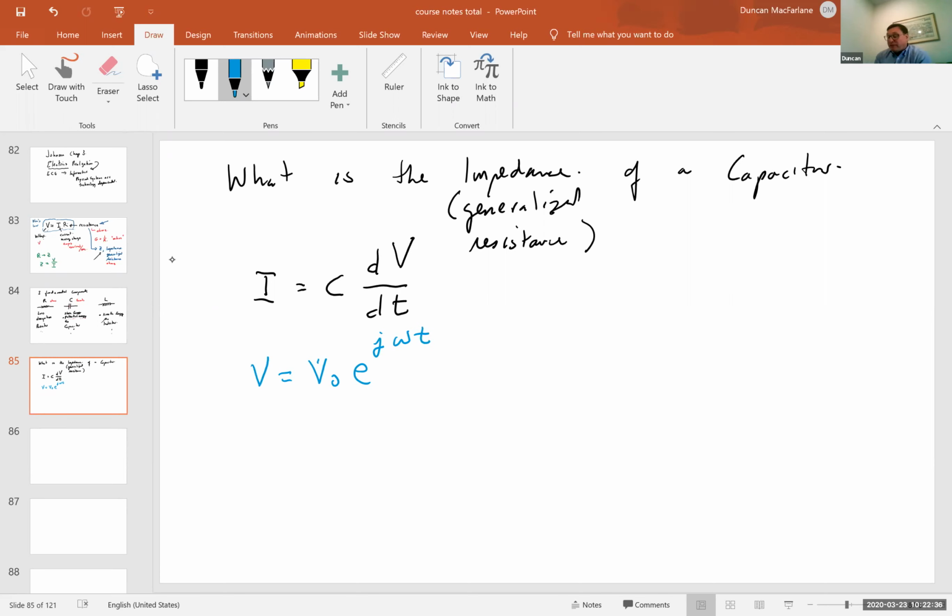And so we're going to write our favorite signal as a sinusoid. And I'm going to write it in complex notation. I'm going to use e to the j omega t. So I'm going to assume that there's one frequency component. I want to just know what happens when a sinusoid goes through this equation.